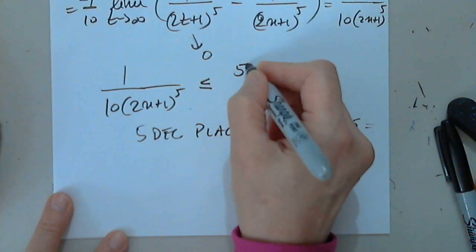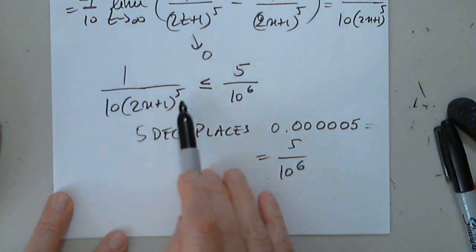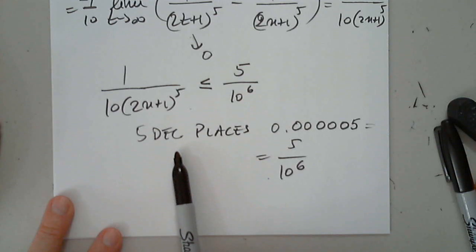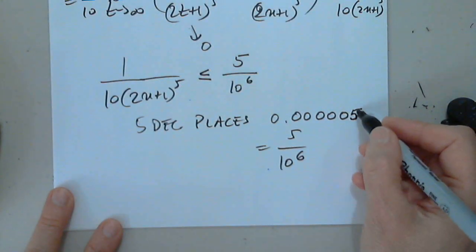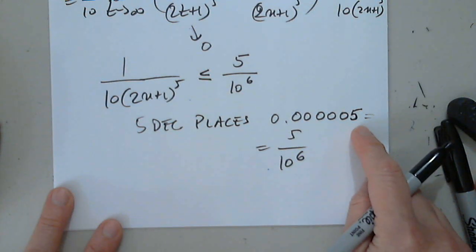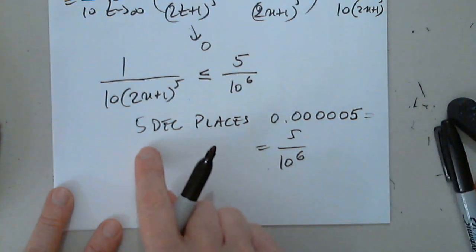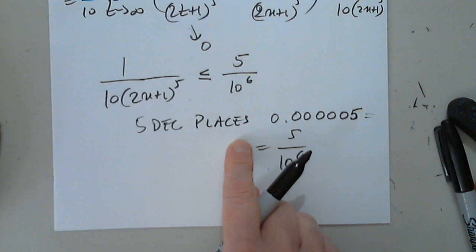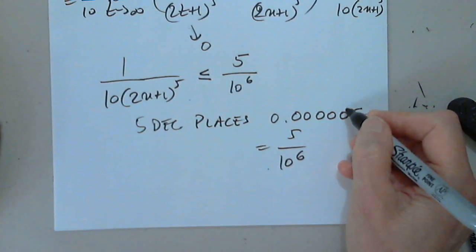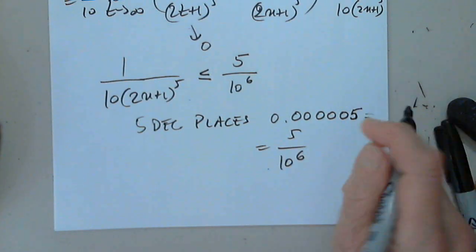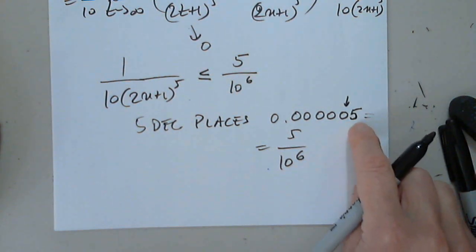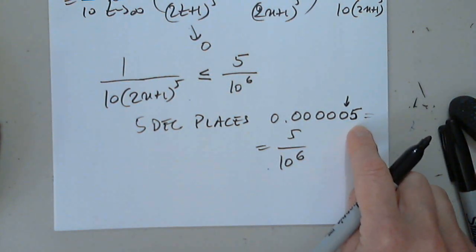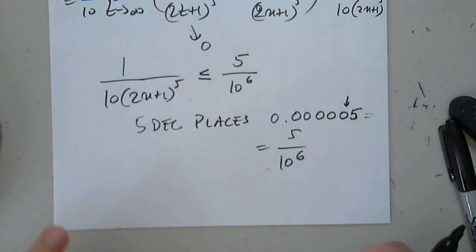That's why we want to make sure that the error is less than that for 5 decimal places. So we have to start at 5. If you put 4, that's not good enough. It's 5 or above for 5 decimal places, to change this into the next one. So 5 is here, the position for 5 decimal places, and then this has to be 5 or above to change it.